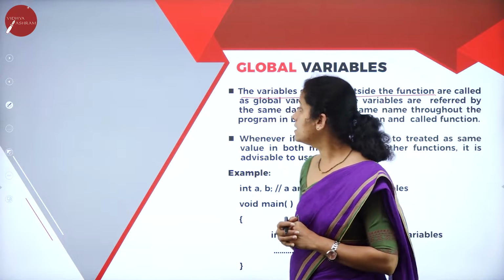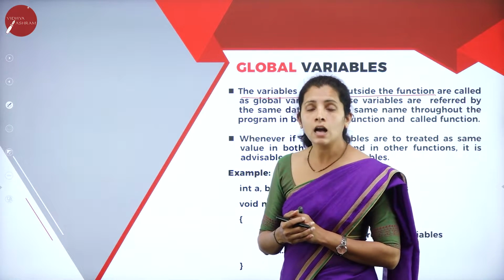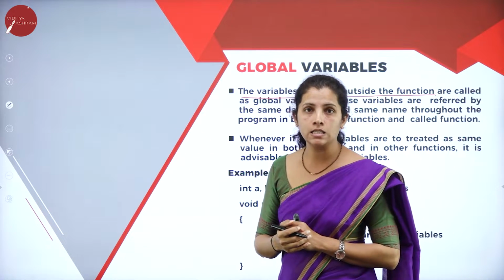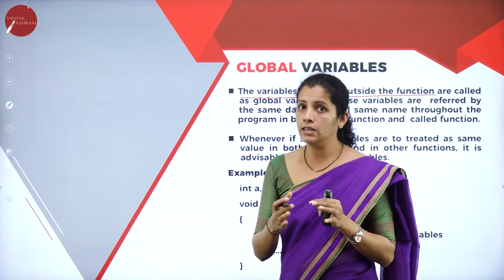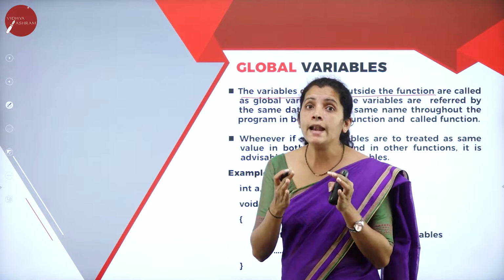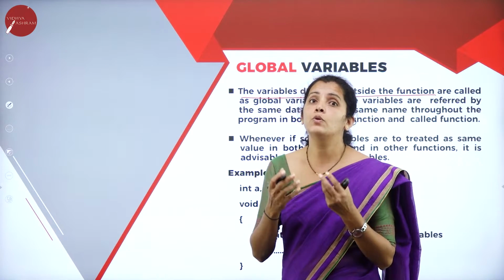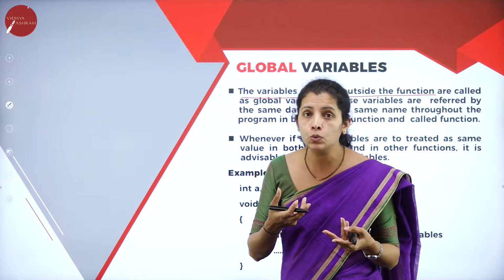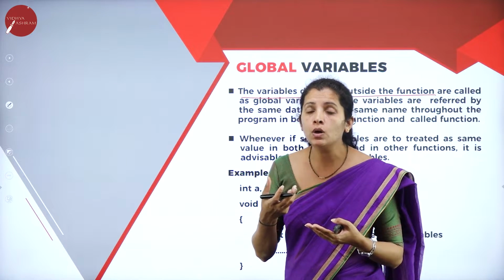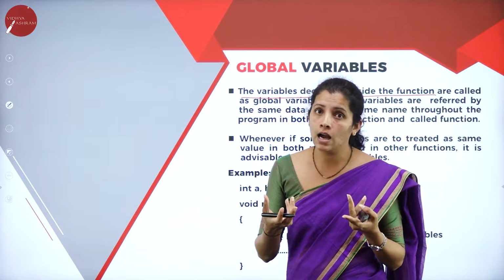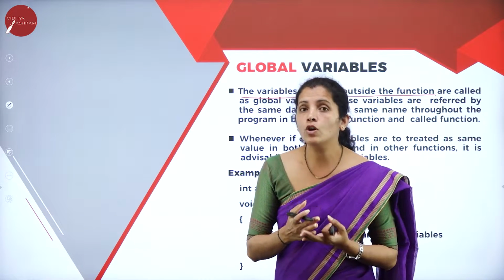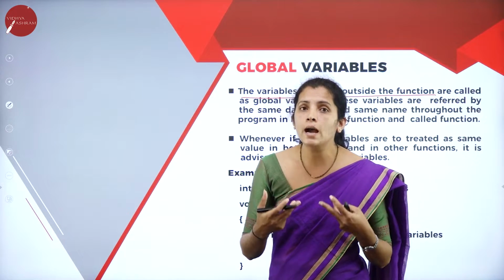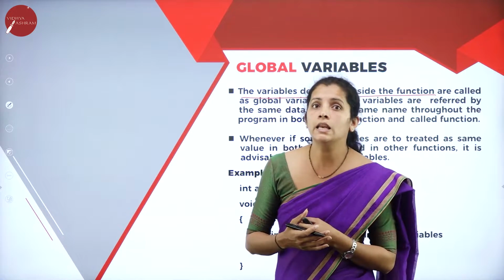Now think that in our corridor, we have 4 different classes. Think that I stand in the corridor and take the class so that all 4 classes' students are able to listen to my class. This is the example for a global variable. That means globally I'm going to deliver my lecturing.